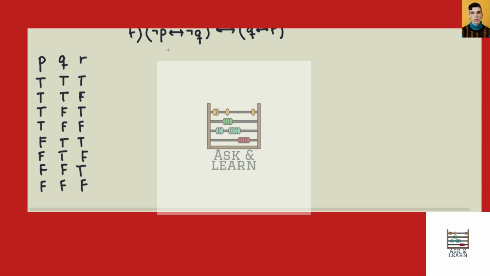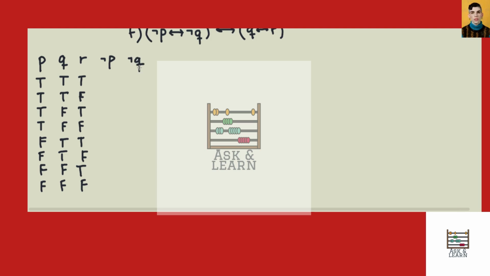We have negation of P, that's 1. We need P to find the negation of P, so that's 2. We have the negation of Q, that's 3. Q, that's 4, and R is 5. So we have 3 written here. Now let's write down the other 2 that are missing, which is the negation of P and the negation of Q.